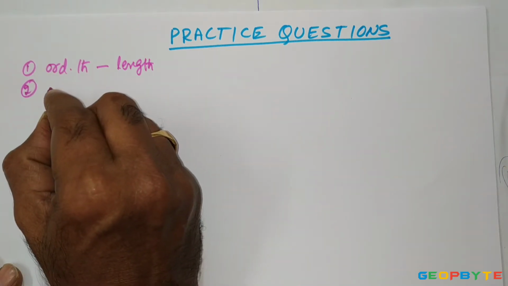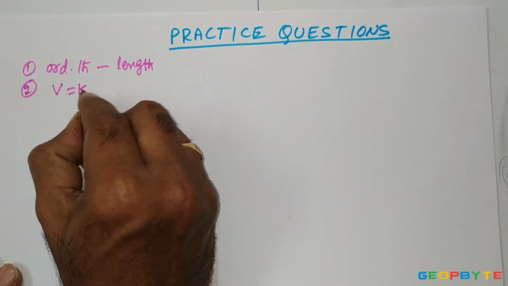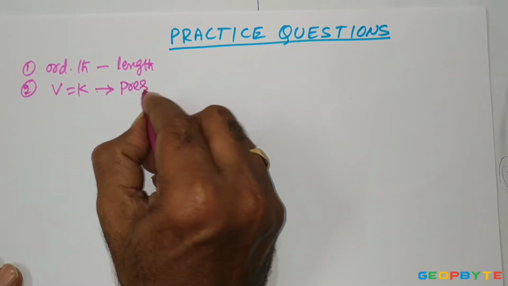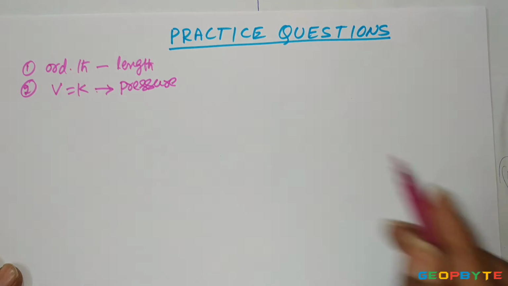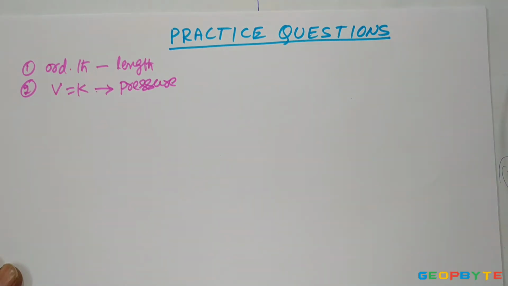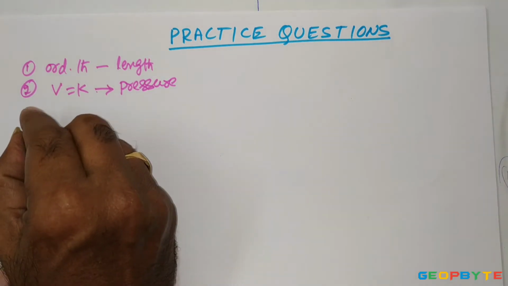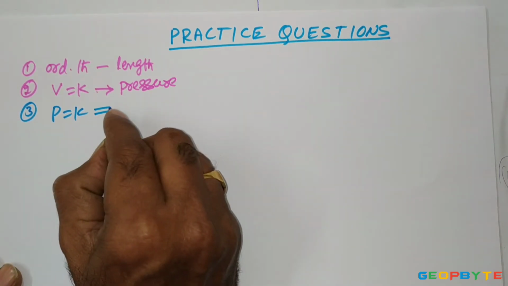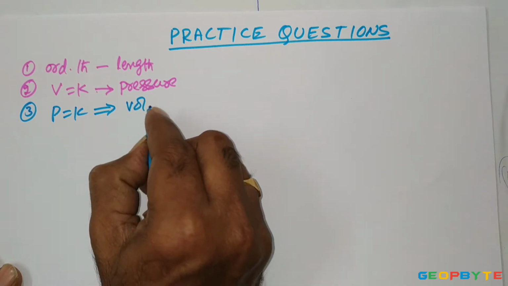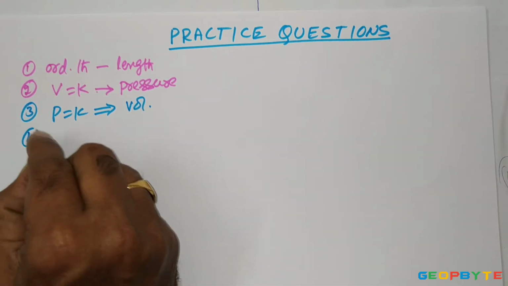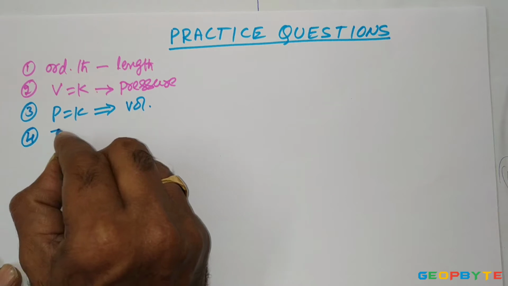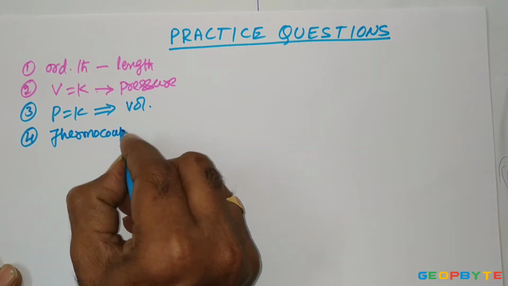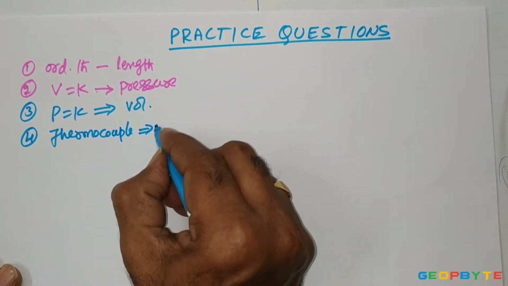For a constant volume gas thermometer, thermometric property is pressure. For constant pressure gas thermometer, the thermometric property is volume. Whereas for thermocouples, the thermometric property is EMF.